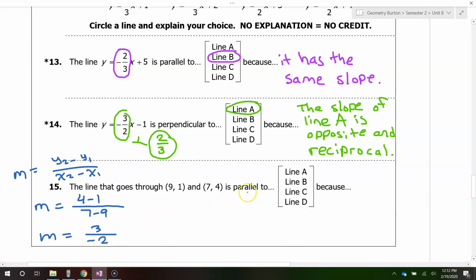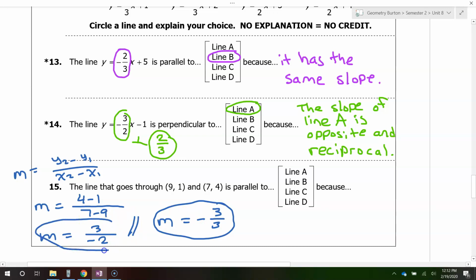Okay, so parallel lines have the same slope. So that means I am looking for a line that has a slope of negative 3/2. Okay, because it has to be the same slope. All right, I'm just going to put parallel, same slope. Whoops, I put negative 3/3, didn't I?